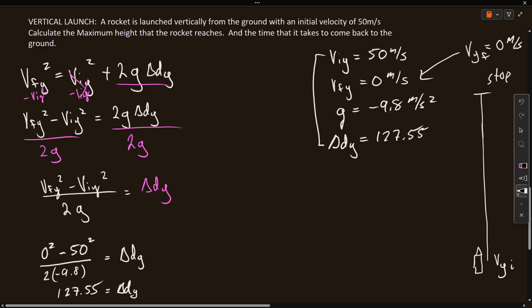127.55. Okay. Now, just to remind us, this rocket is kind of like a rocket without an engine. It's almost as if it was shot up with a spring, like somebody shot it up, and as soon as it left the launch pad, it doesn't have a flame making it fly more.